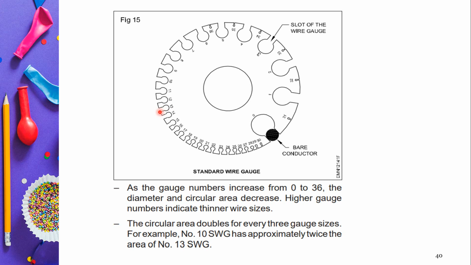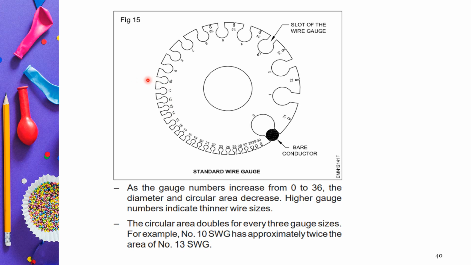If I check 12 SWG, 11 SWG and 10 SWG, in 10 SWG the area becomes double. Sorry, here 4 square mm means here 8 square mm. It is double, 8 square mm.